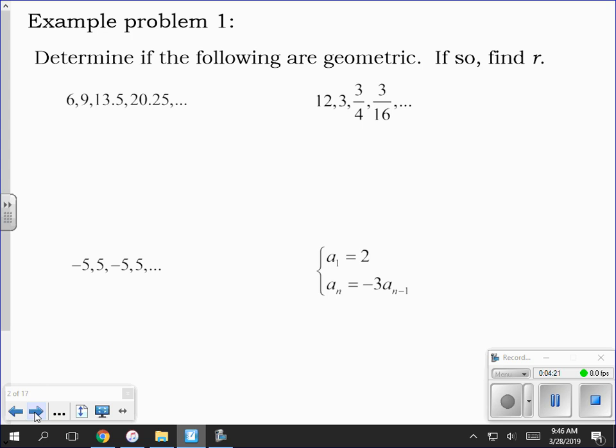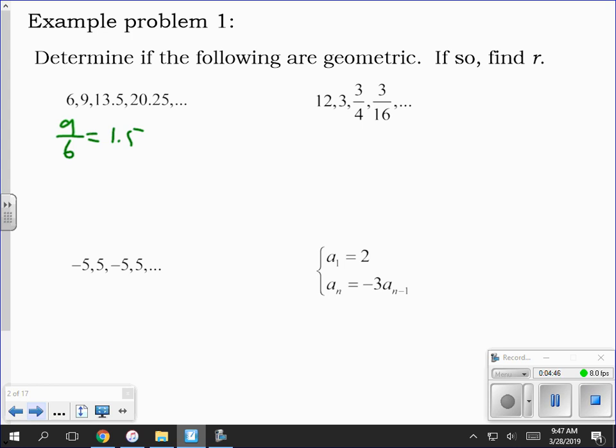So with the addition one, we took a number and subtracted the one before. With geometric, you take a number and you divide by the one before. So I take 9 and divide it by 6. And I get 1.5. Now, I'm okay to have decimals here because I have decimals already as part of my work. The next problem has fractions. I need to have fractions, not decimals. Okay?